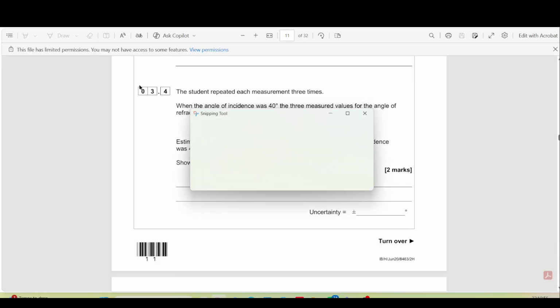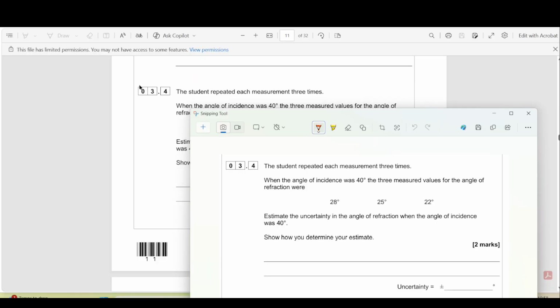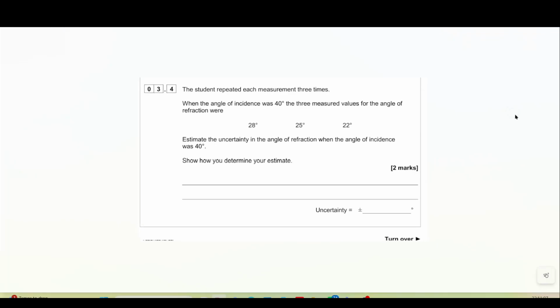Do 28 minus 22, divide by 2: maximum minus minimum, divide by 2. 6 divided by 2. This is how we find uncertainty. So 6 divided by 2 is 3, so it's just 3.